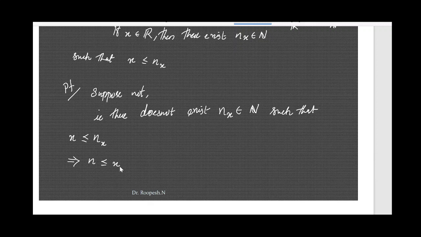That means all the natural numbers are less than or equal to x, for all n belongs to the natural numbers. That means the natural number set is bounded above, which implies x is an upper bound of N. Otherwise, we can say the set of natural numbers is bounded above.